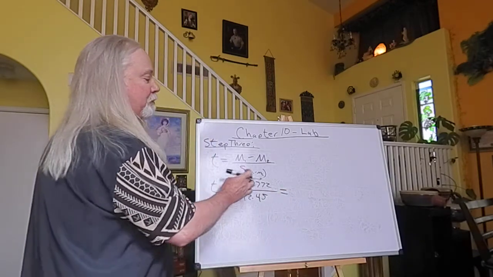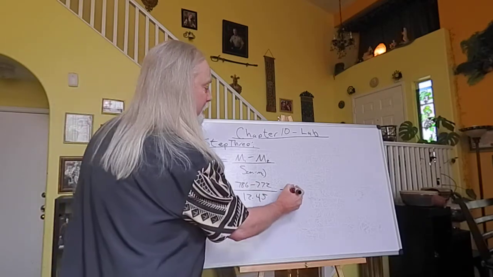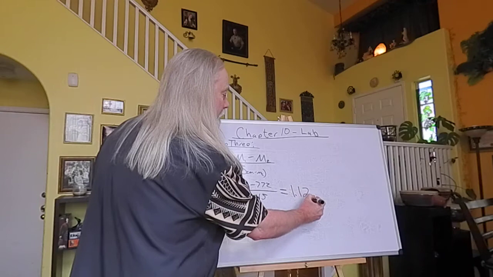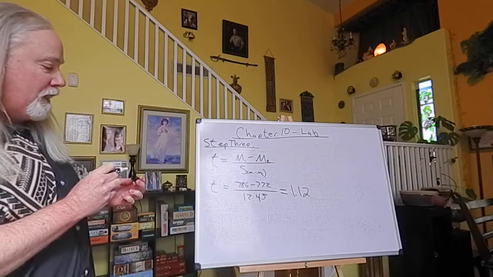So 786 minus 772 divided by 12.45, and our t statistic is 1.12. So not a very large t statistic there, yeah?